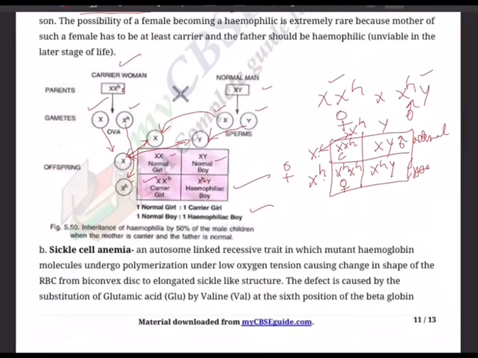And come to the second one, sickle cell anemia. It is autosomal. See, hemophilia is sex-linked, X-linked, whereas here it is autosomal. It is a recessive trait in which mutant hemoglobin molecules, hemoglobin, where is it? Inside the RBC, right?